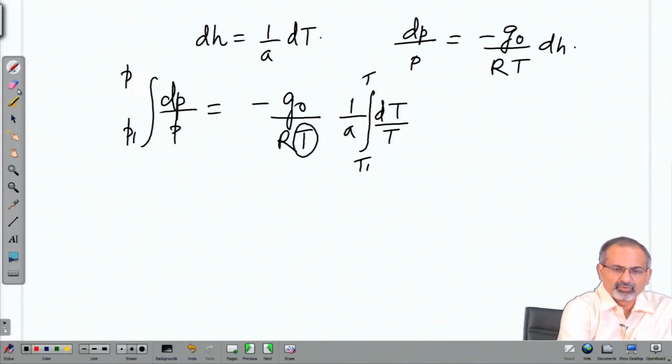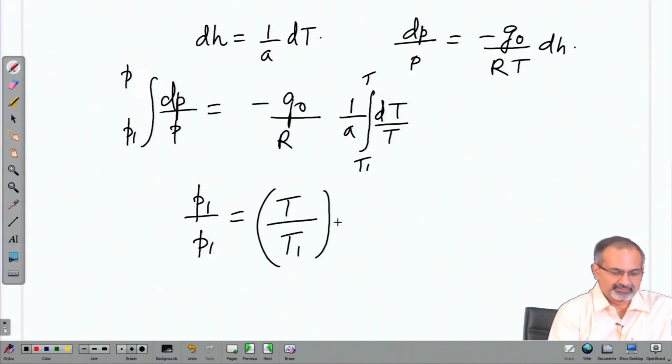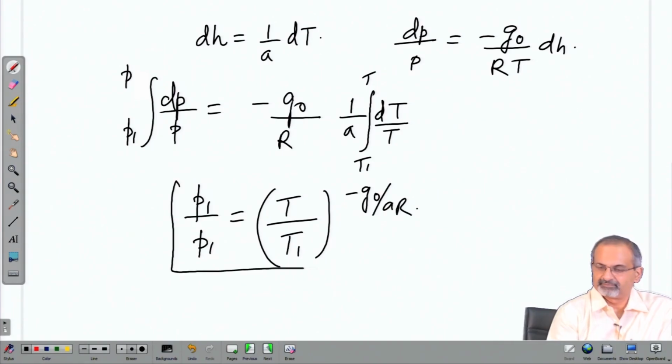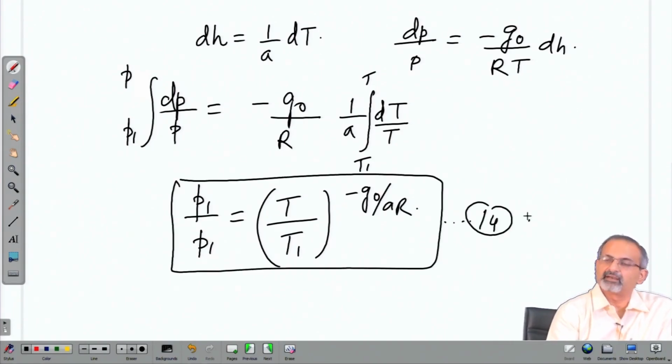So, while integrating, this T goes away. Once you integrate, you will get an expression for pressure, which is given by this. Let us name this as equation 14.